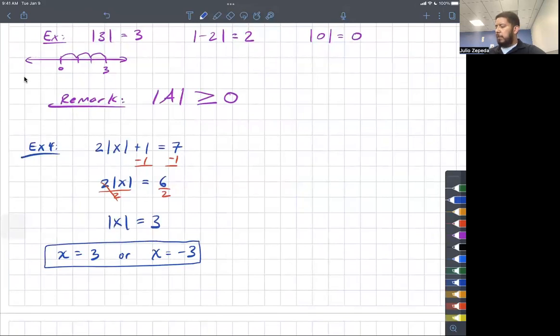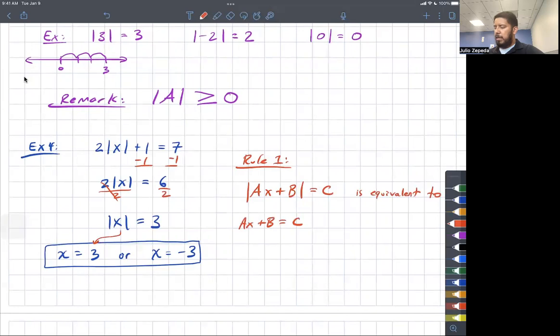So more generally, we can give a rule here. I think I called it rule 1 in the lecture. And that is that if you have an absolute value of some expression, ax plus b, set equal to c, then this absolute value equation is equivalent to, just like we did earlier, we basically just dropped the absolute value: ax plus b equal to that number, c, equal to 3 earlier.